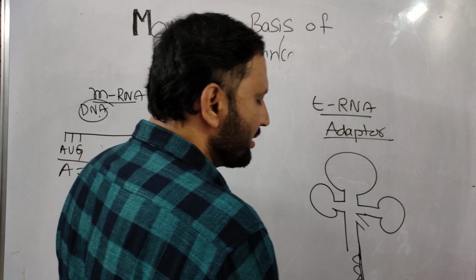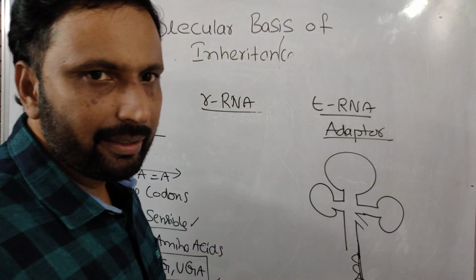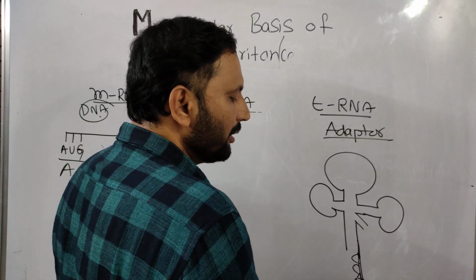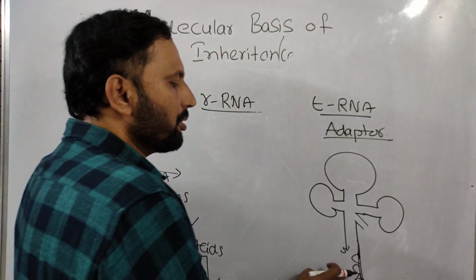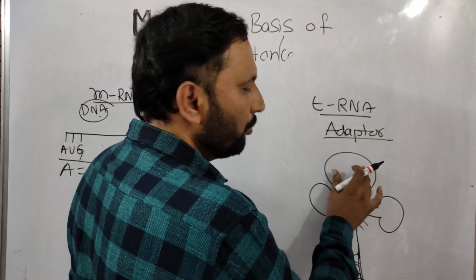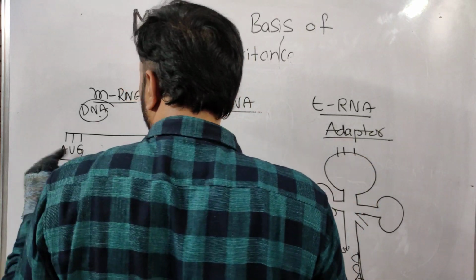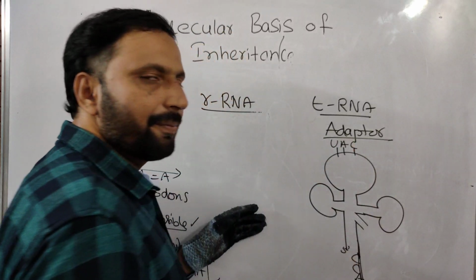That CCA end is called the amino acid binding site. During protein synthesis, the amino acid is attached to the 3' end. So this is the third carbon end, this is the fifth end. Opposite to the tail portion, there is a loop which contains the anticodon. So if there is AUG here, the anticodon is UAC.